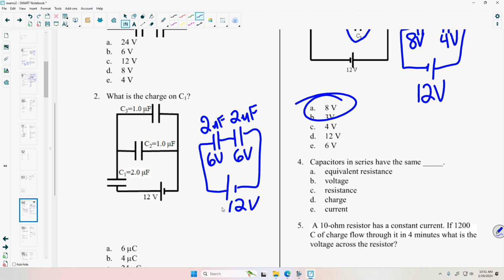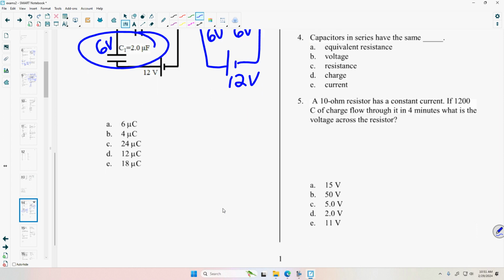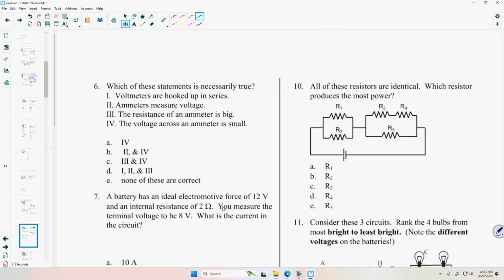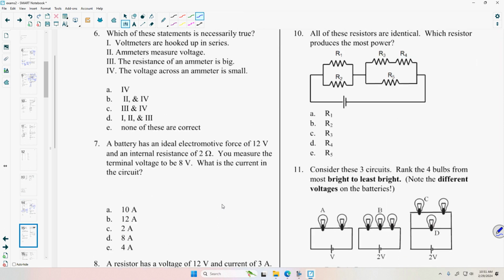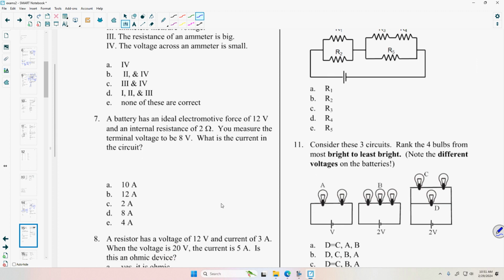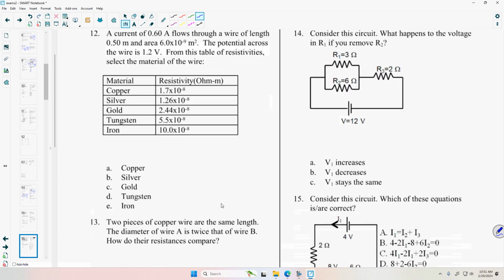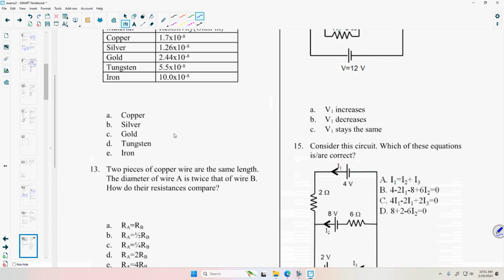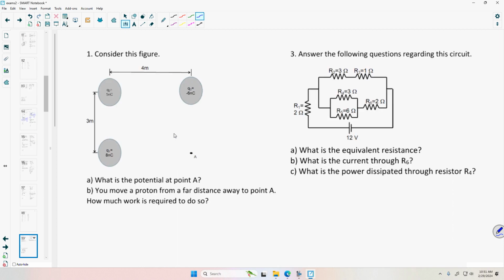So I have 6 volts here. Remember, capacitors in parallel share the same voltage. So I have 6 volts there and there. They all have 6 volts. And so the charge on C1 is 6 times 2, or 12 microcoulombs. Like this, make sure you can do that.